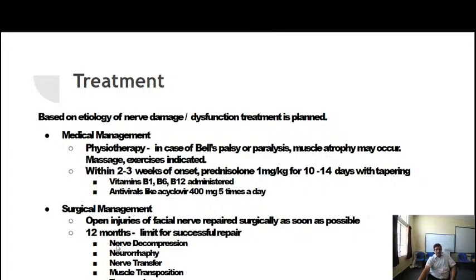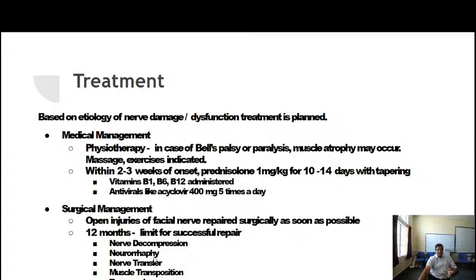Now here, the surgical management would be, if there is a fracture, then the fracture line has to be identified, and where there is damage to the nerve, you should try to take out the bony chips which compress the nerve and produce this complication.